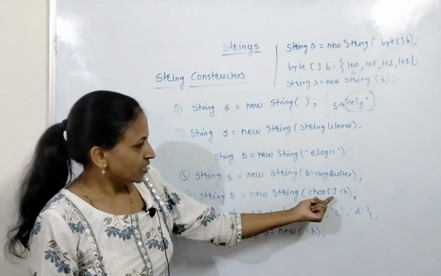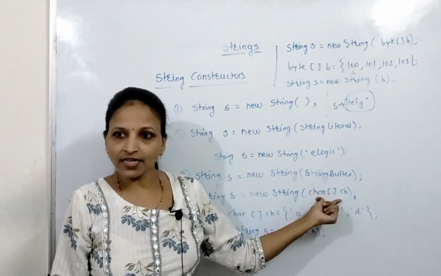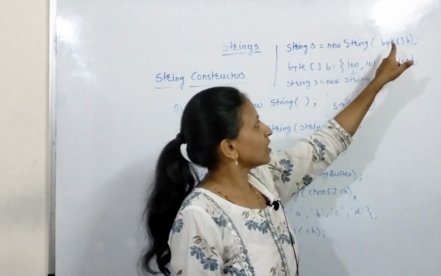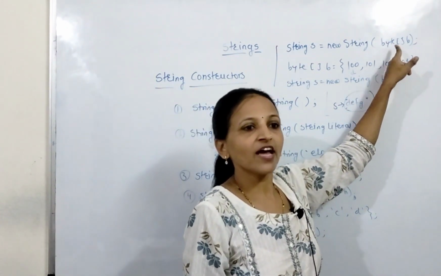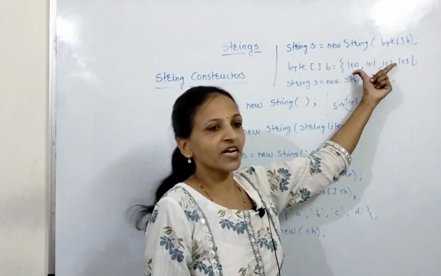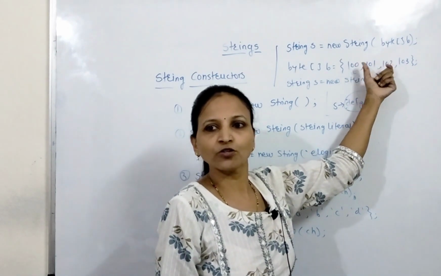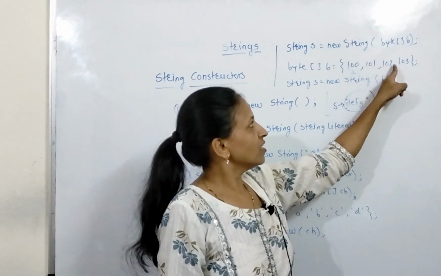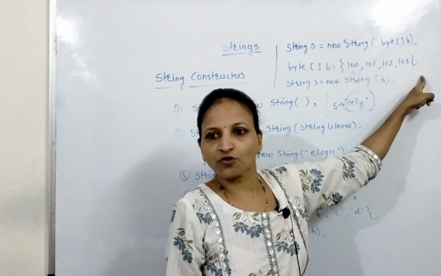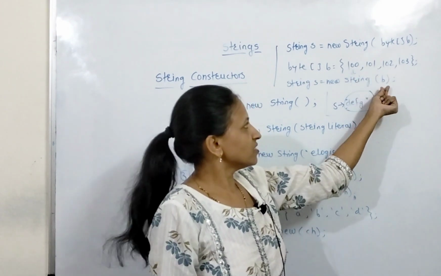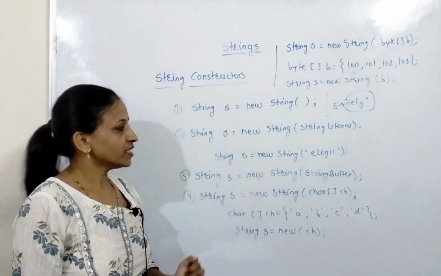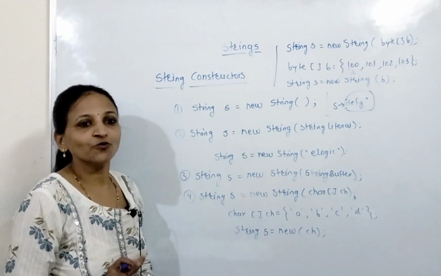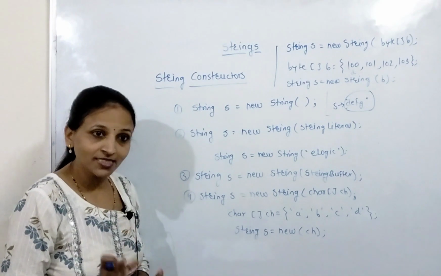Next, you can pass any character array, and the last one is you can pass any byte array. The equivalent string for that byte array will connect all the characters associated with the byte values you are providing, and the string will be formed. Any doubts in this? These are just 5 ways to create a string, 5 constructors actually.